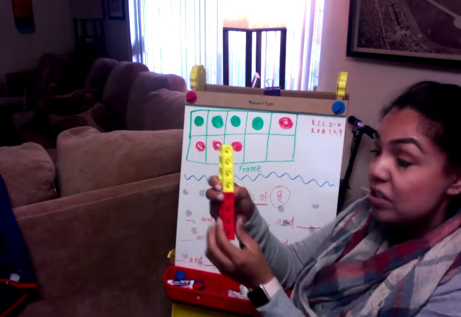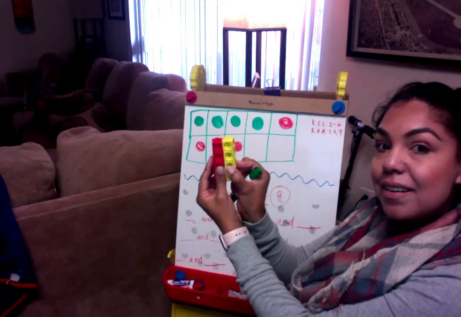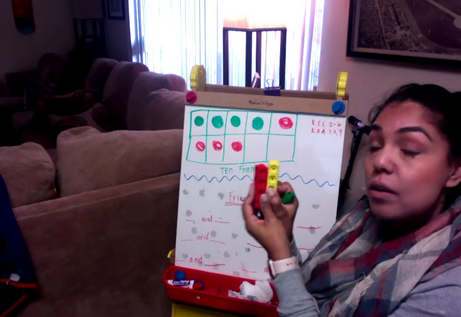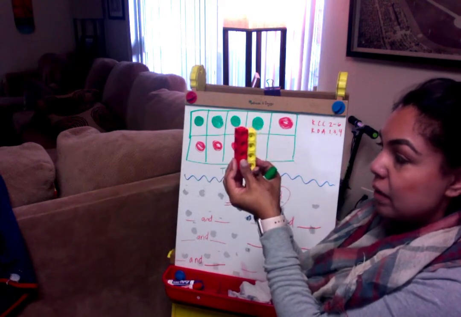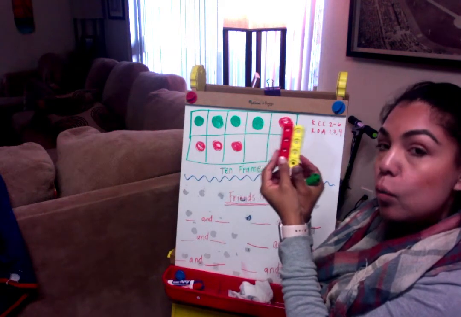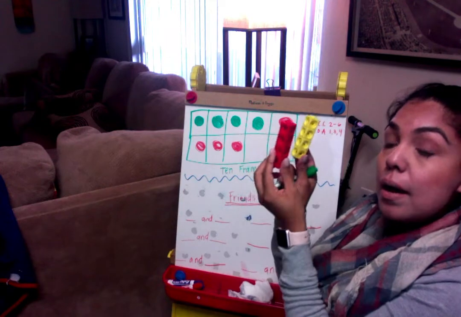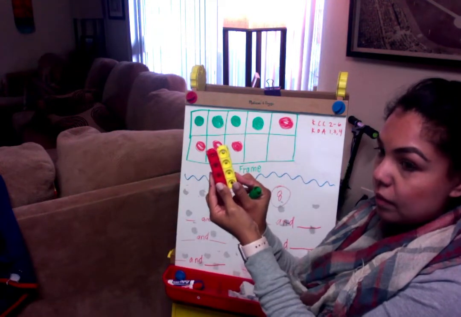I combined 2 different numbers. I combined them to make what? 8. Very good. So I know that 4 yellow and 4 red combine to make what number? 8. Very good. So I know that 4 and 4 make 8.